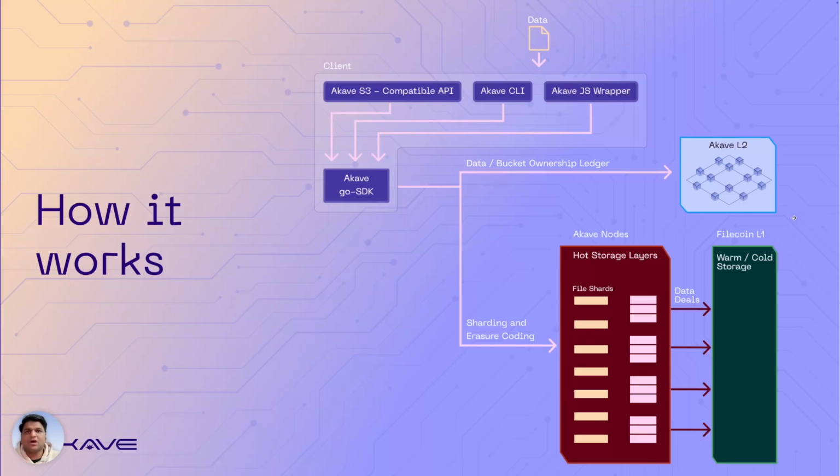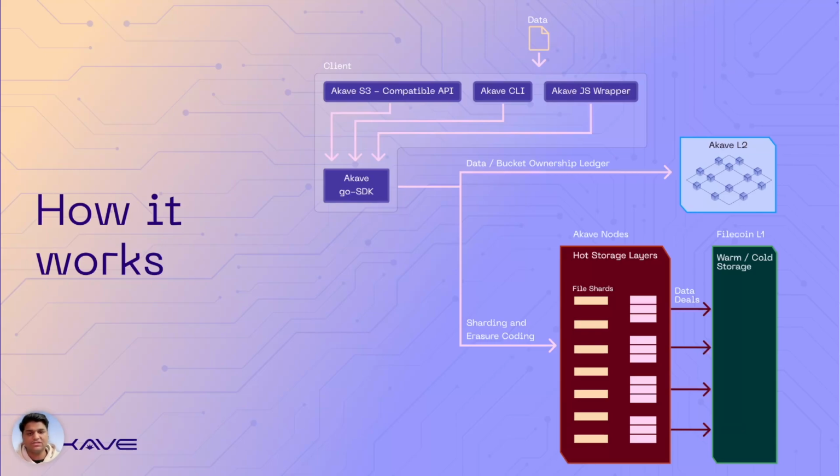Now let's talk about how Akave works. On the client side, there's the Akave Go SDK, which can be reached using three different paths: the Akave S3 compatible API or Akave O3, Akave CLI, or the Akave JS wrapper. Once the data comes to the Go SDK, it's sharded and erasure coded, then sent to our Akave hot storage layers.